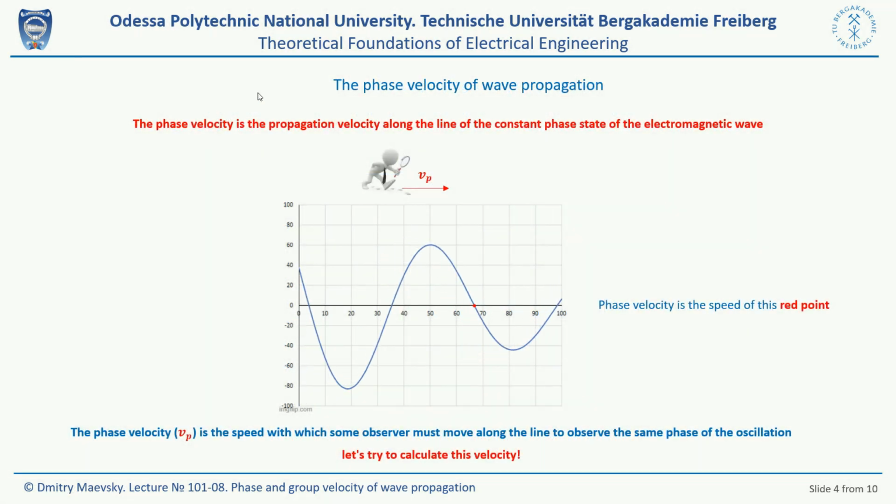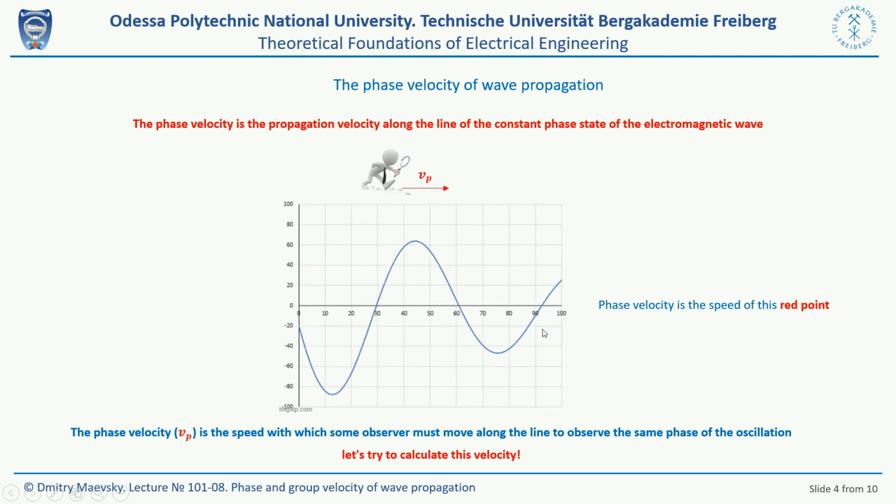The phase velocity can be imagined very simply. Let an observer somehow fix a certain phase of oscillation of a direct wave in a line with distributed parameters.